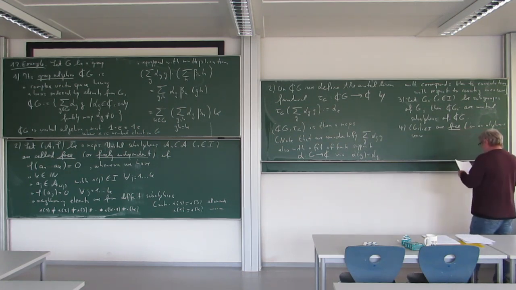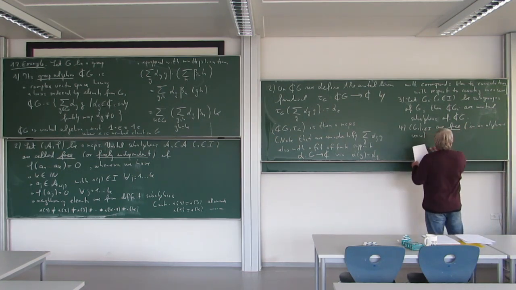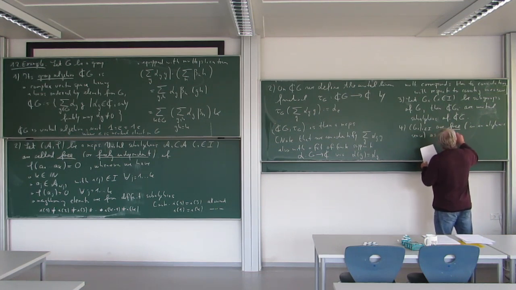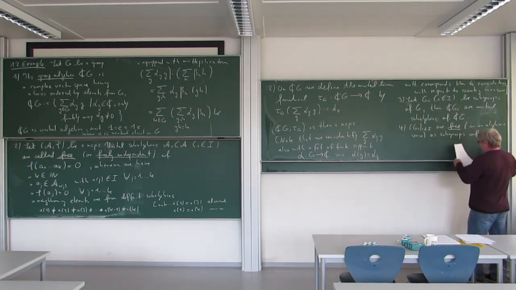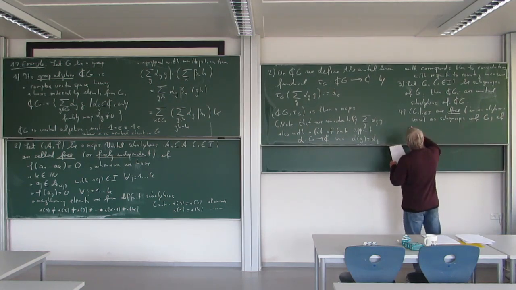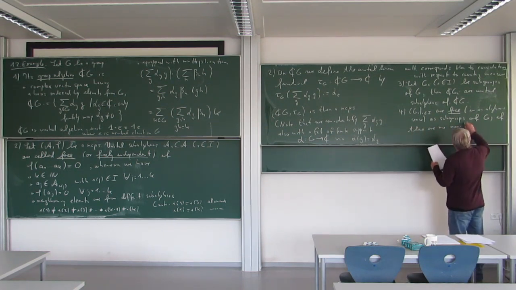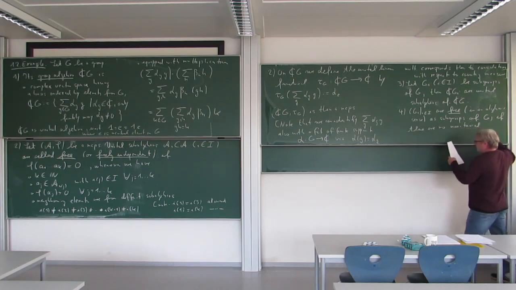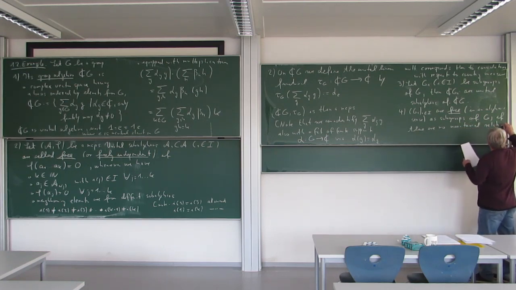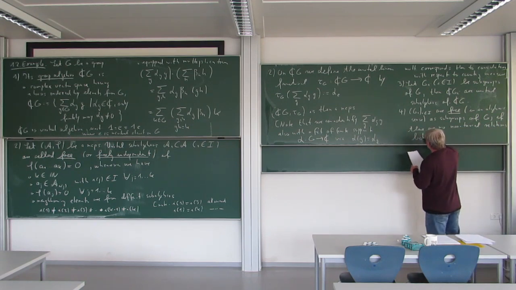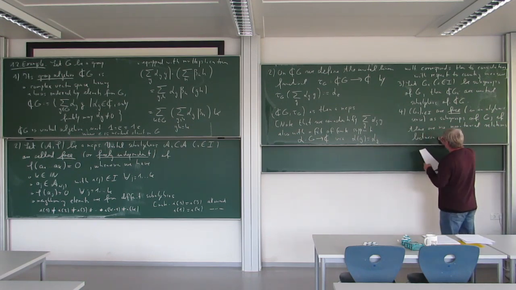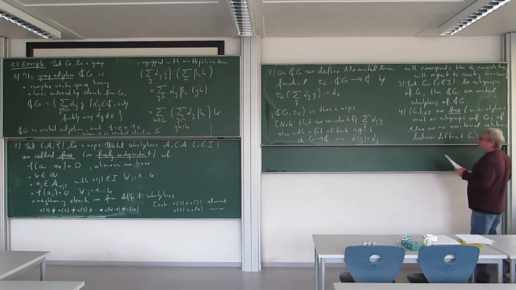So they are free in the algebraic sense, subgroups of G, if, let me first say it in words, there are no non-trivial relations between different G_i's, in different groups.